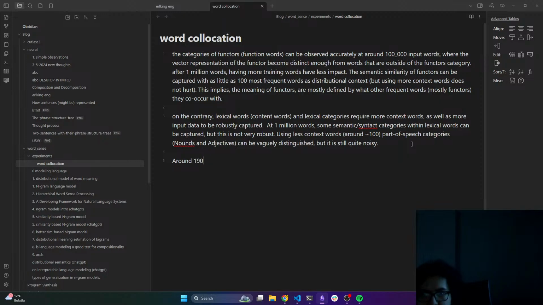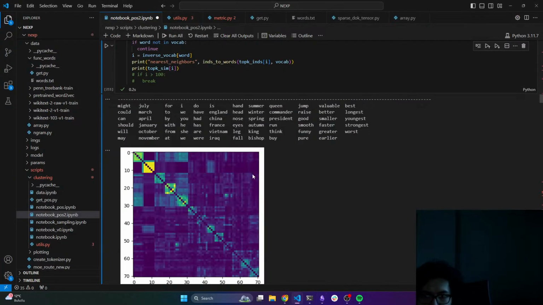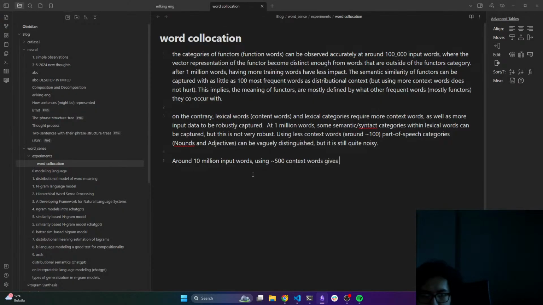Around 10 million input words, using somewhere around 100 to 500 context words gives the best clustering result.